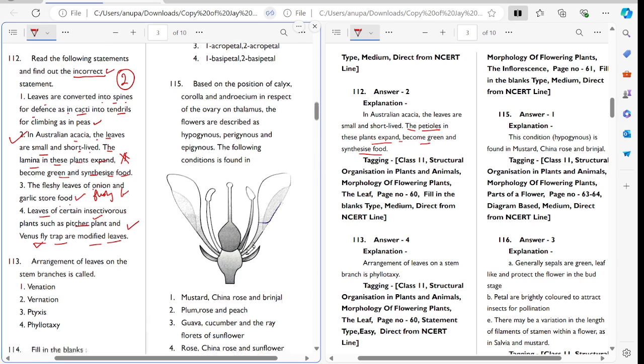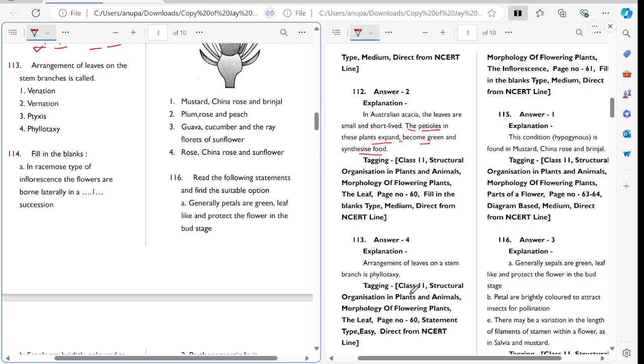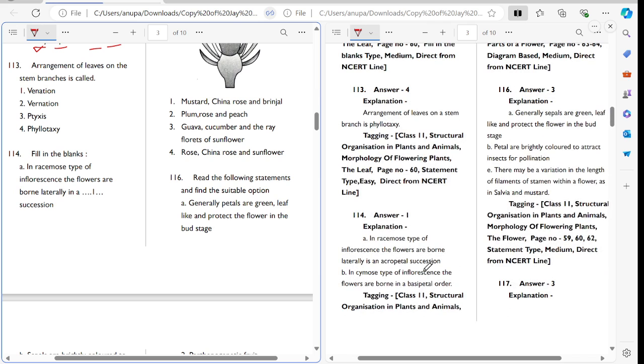Now let's move to the next question, that is question number 113. Question number 113 states that arrangement of leaves on the stem branch is called. We have to find out the term which is used for the arrangement of leaves. Here options are venation, vernation, taxis and phyllotaxy. So the answer for this question will be 4, that is phyllotaxy.